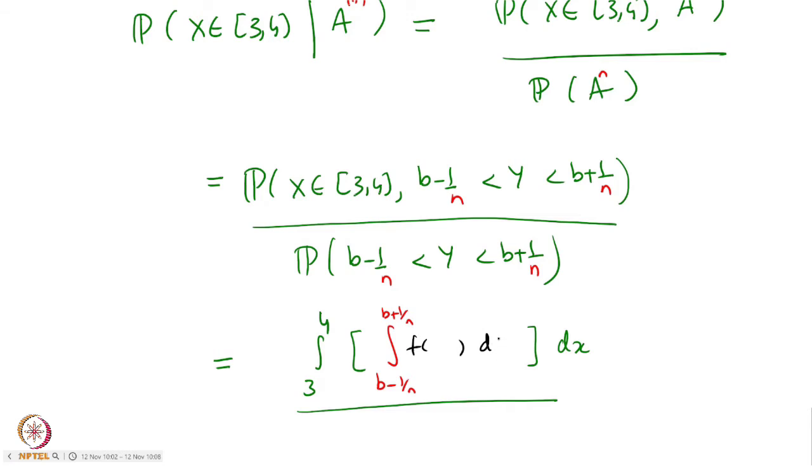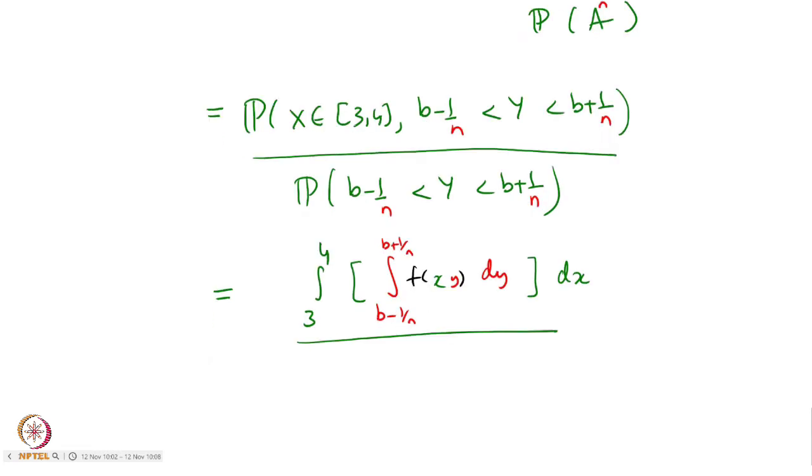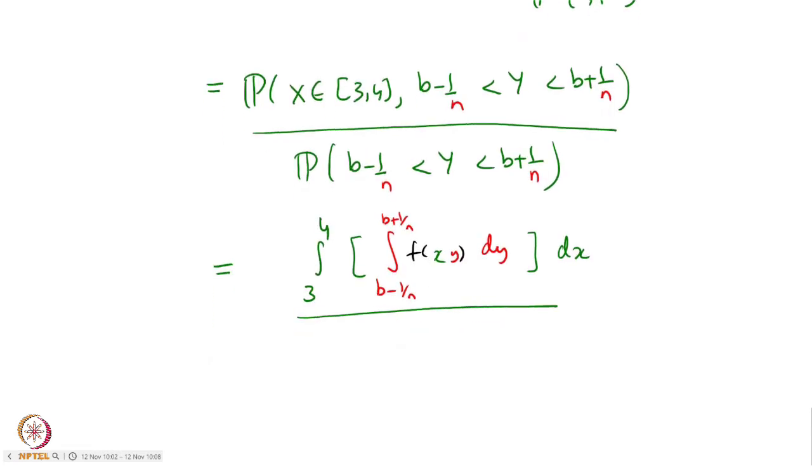We have the y in red, dy, and I have an x. And the whole thing I divide by this top guy. The top guy is exactly what I have below, so I have exactly this thing. So the probability of this is just going to be the density of y. I'll write this as the integral, in red so that it's clear, from b minus 1 over n to b plus 1 over n, with a dy, but here I can just put the density of y.